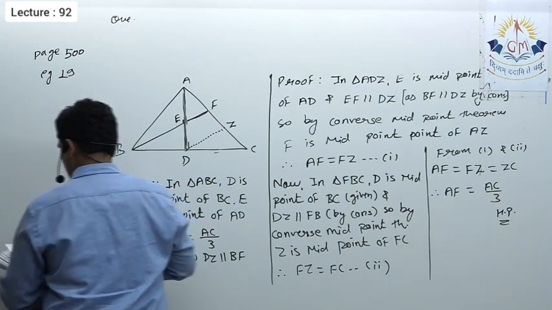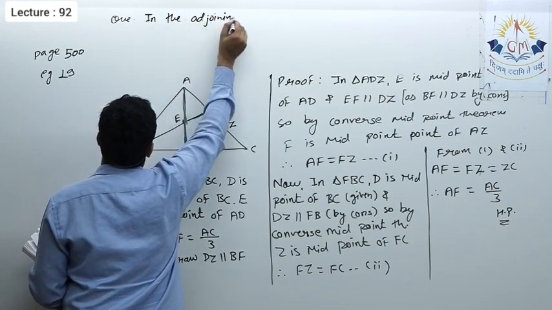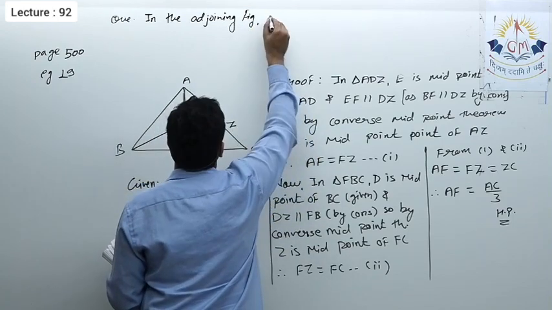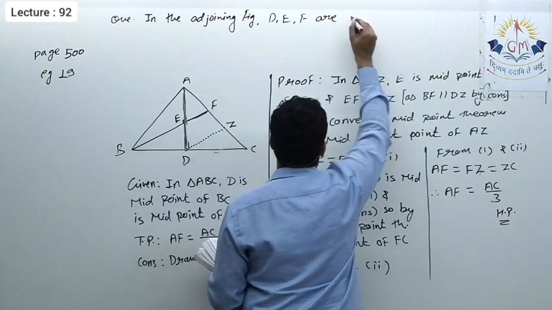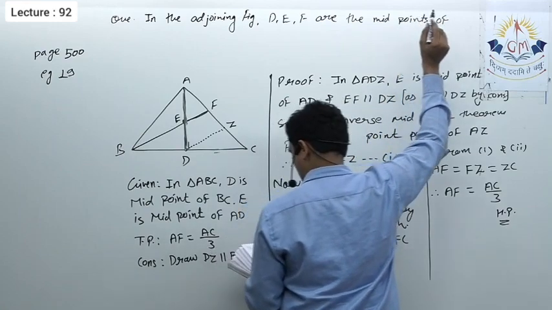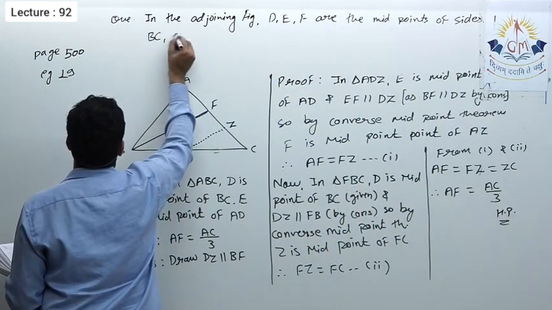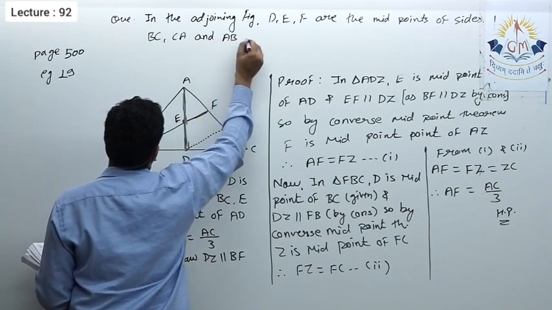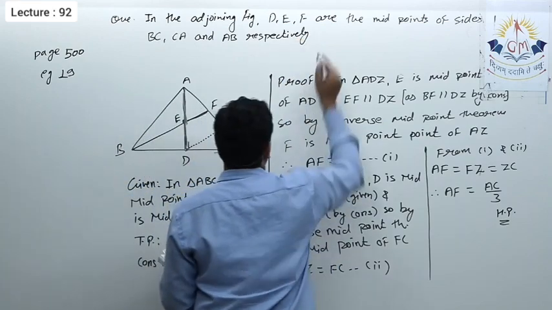Okay, so in the adjoining figure, D, E, F are the midpoints of sides BC, CA and AB respectively of triangle ABC.